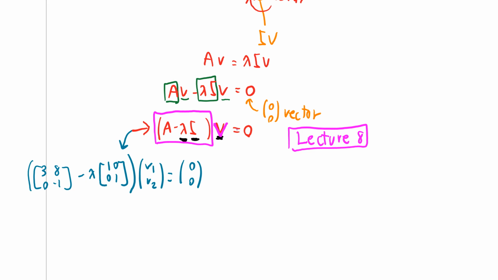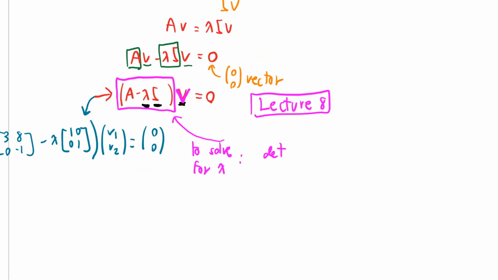What needs to happen is that the determinant of this has to be 0. So, to solve for lambda, I need the determinant of A minus lambda I to equal 0.